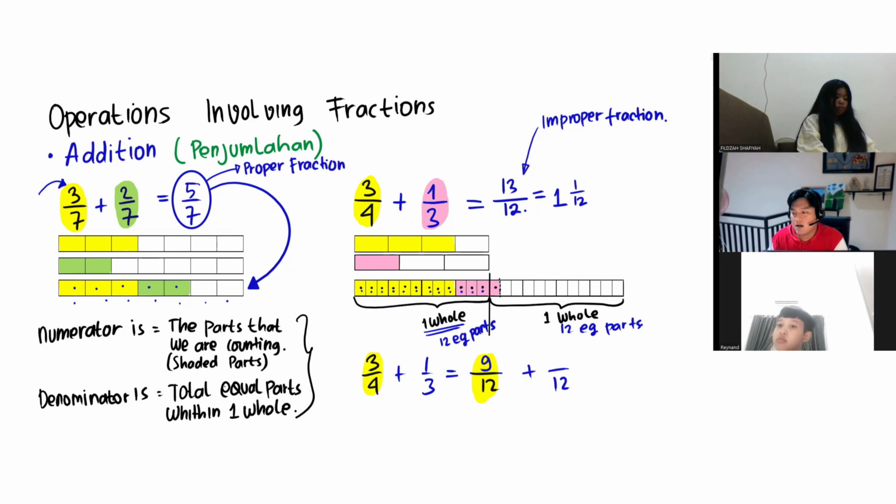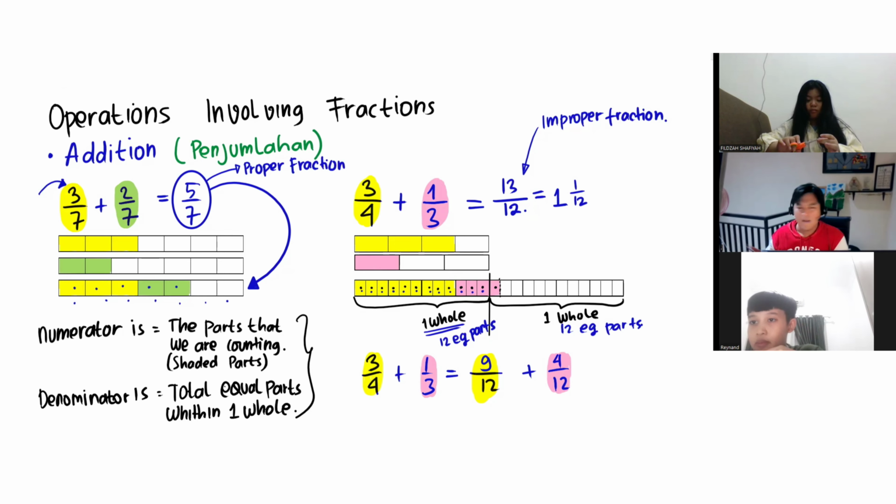What about the pink color there, Cheetah? If we want to transform 1 out of 3 into out of 12, what is the new numerator of the pink shaded part? 4. 4, right. This is 4 out of 12. So this is absolutely related to equivalent fractions, if you still remember that.